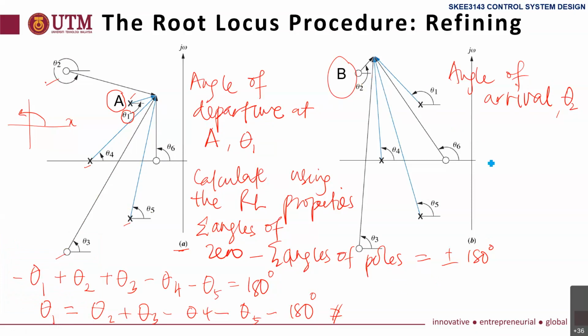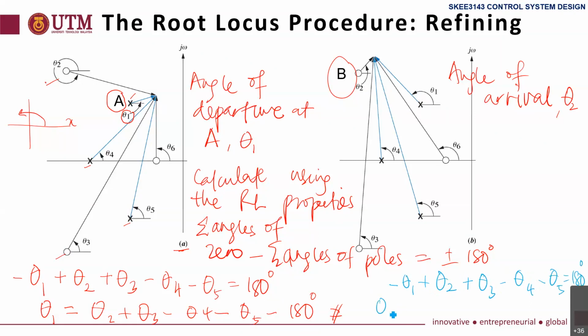That means minus theta 1, because theta 1 is always minus as it is from a pole, plus theta 2 plus theta 3 minus theta 4 minus theta 5 equals 180 degrees.